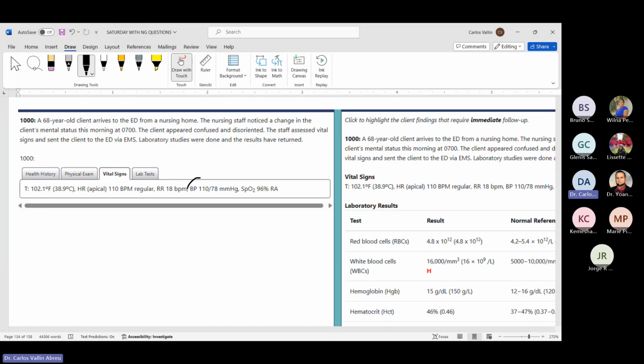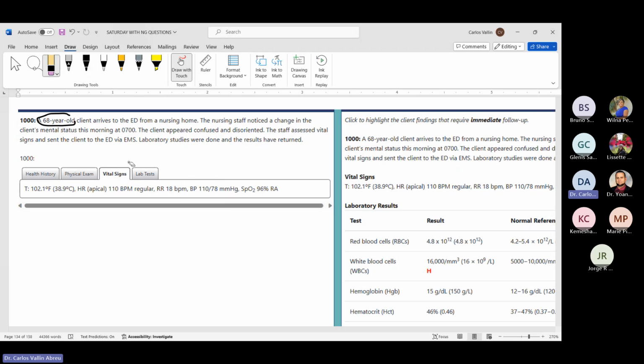So at this moment, we need to acquire some experience, some clinical judgment, to evaluate a normal blood pressure, especially in an old person. It is good to know the basal blood pressure of the client. We don't know it.